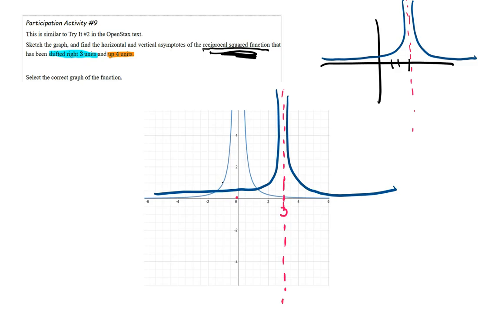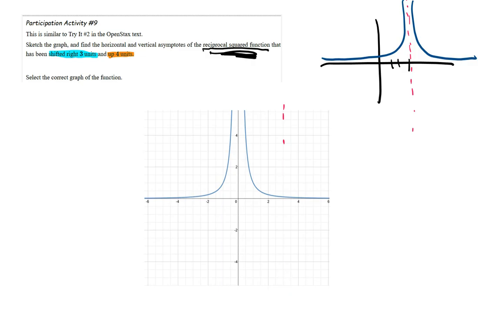Okay, and now we're going to go up 4 units. That involves the horizontal asymptote, which is the x-axis. This graph, as it's going down and going towards its end behavior, never crosses the x-axis. Same thing here, it never crosses the x-axis. But we're going to shift that up 4 units.